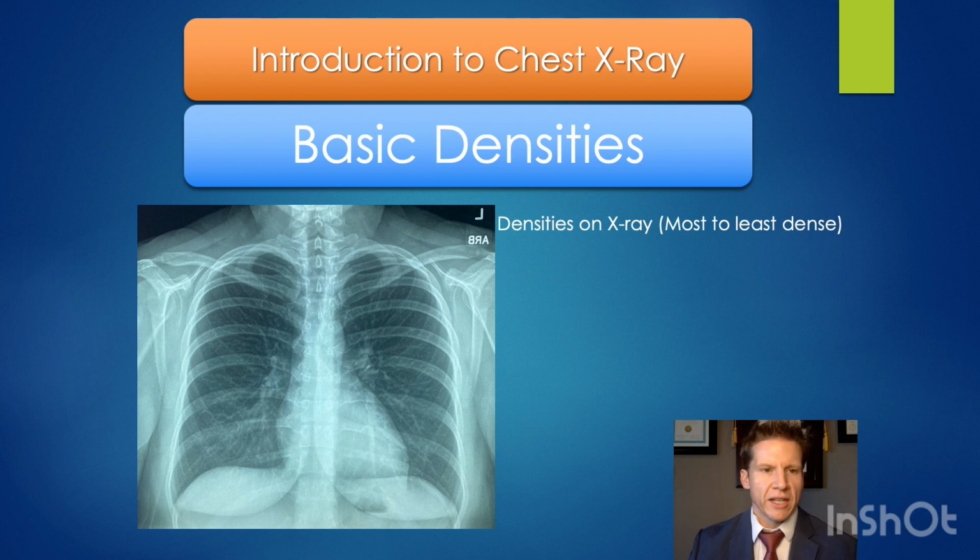For this chest x-ray, we can see that the lungs are very black and things like bones are very bright. The mediastinum, with a lot of other structures overlapping, is a brighter color than the soft tissues around it. When we look at the different densities, you first have metal, which is going to be very bright white.